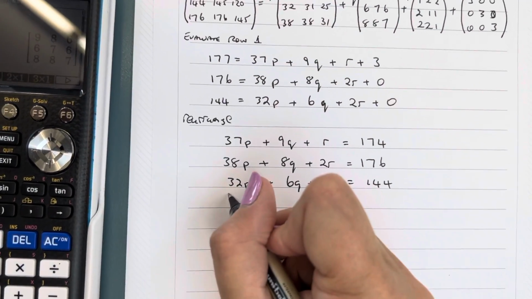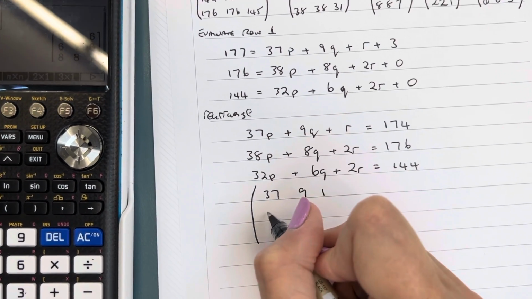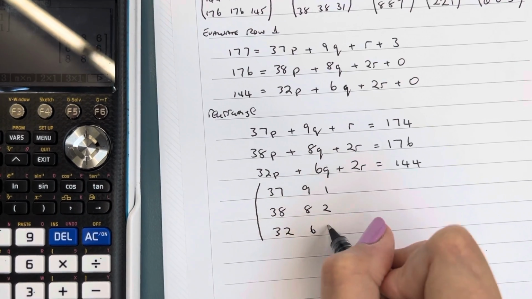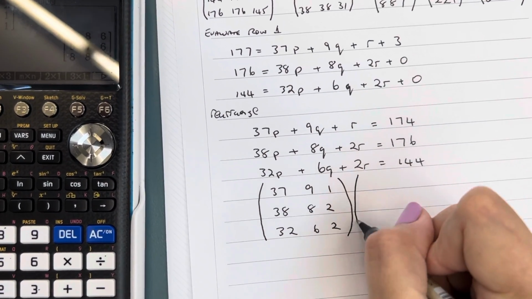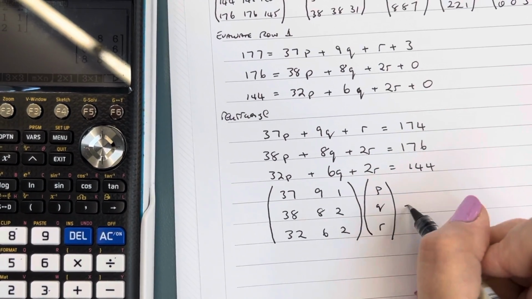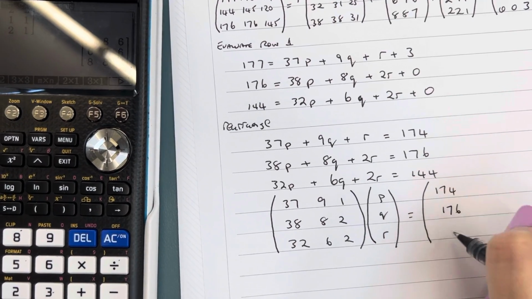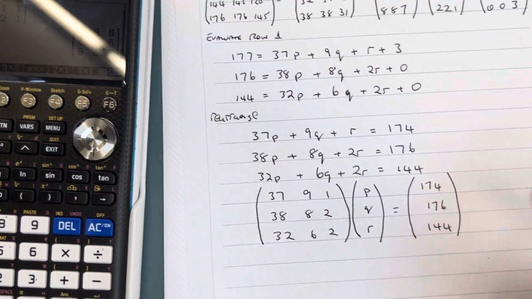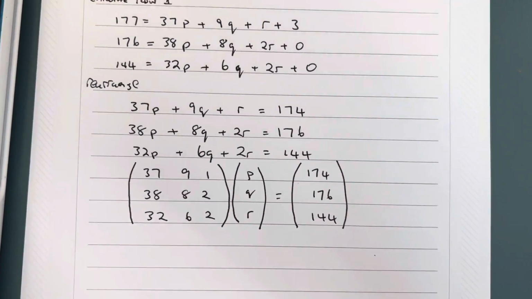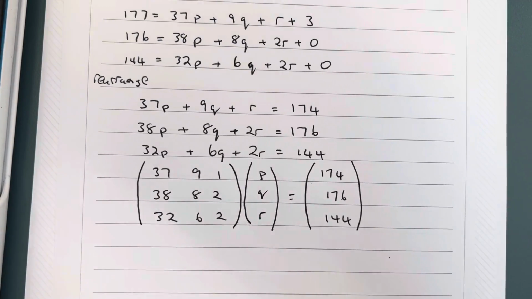Because I'm then going to go, let me make it into matrices. 37, 9, 1, 38, 8, 2, 32, 6, 2, P, Q, R is my unknown, 174, 176, 144. So from having them in that order, I can then create my matrices to solve these simultaneous equations.